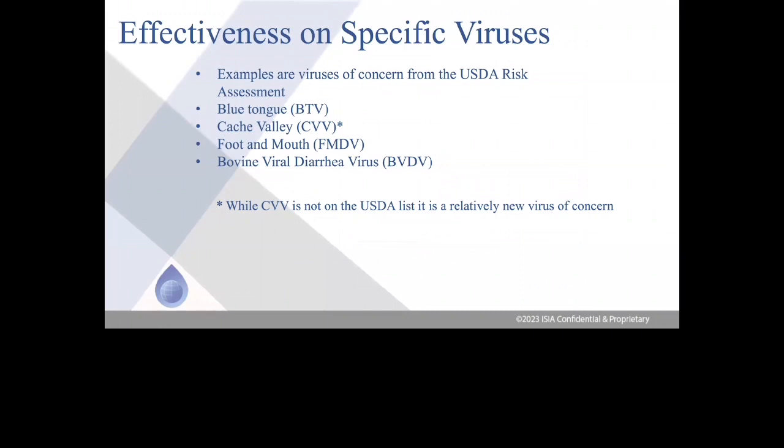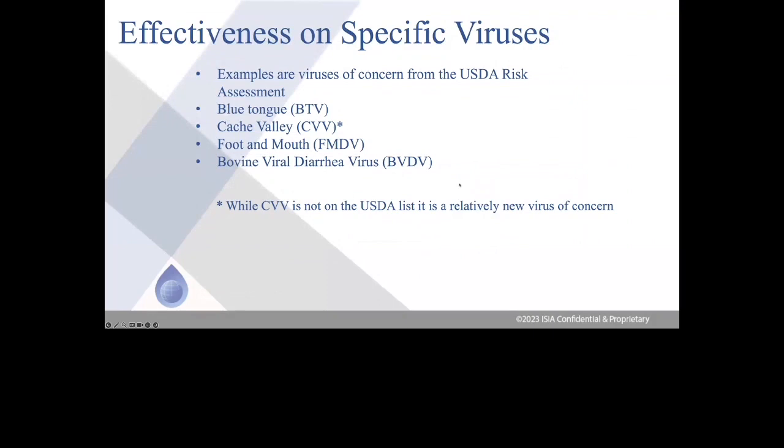So we have bluetongue, foot and mouth, BVDV, bovine viral diarrhea virus, and we've added in Cache Valley, because Cache Valley is not on the list, but it is a relatively new virus of concern, and there's a lot of conversation about it.